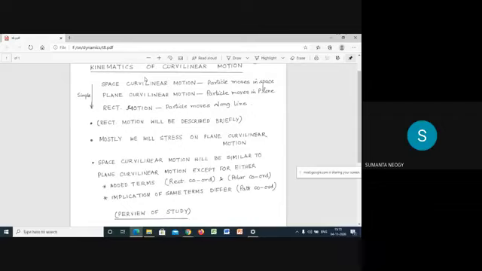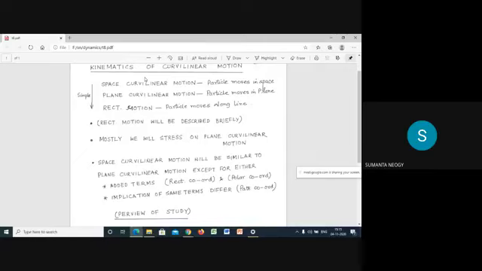We will go to plane curvilinear motion, and once we have understood it, we can quickly transfer to space curvilinear motion. Only, in that case, some complications will arise. But in the present course, we will restrict ourselves to plane curvilinear motion only. Only if time permits, we will go to space curvilinear motion.